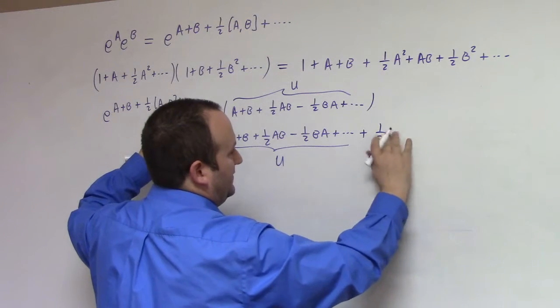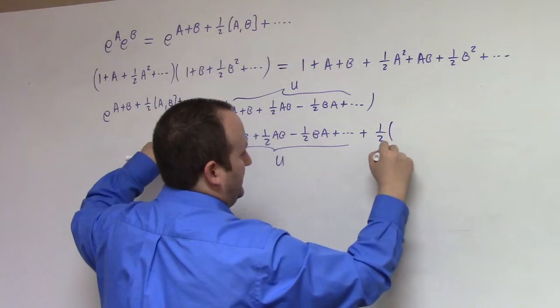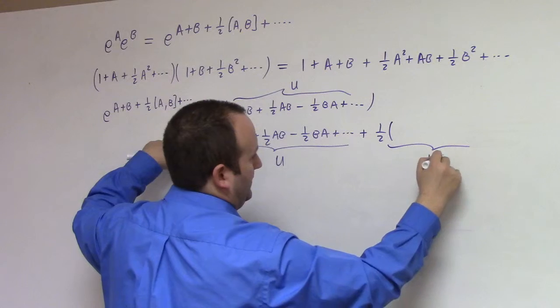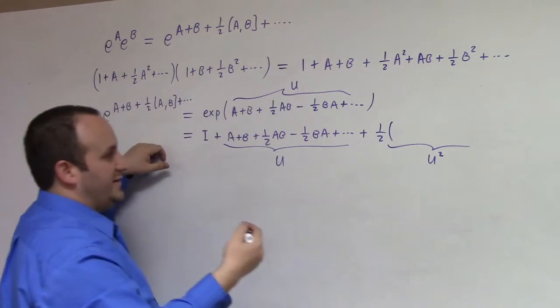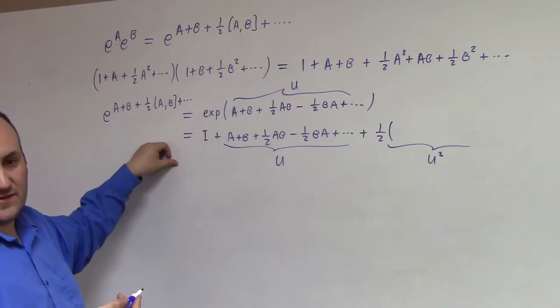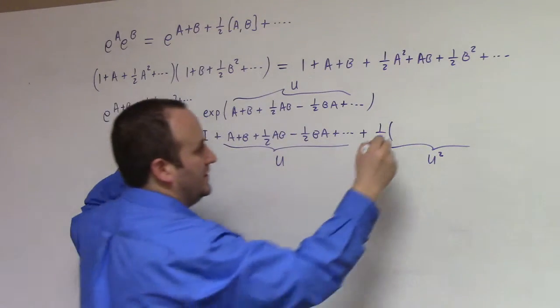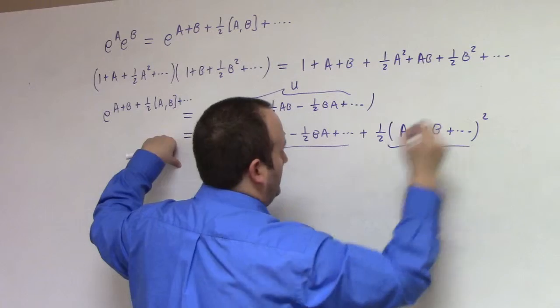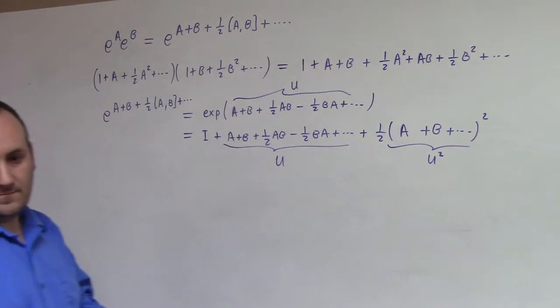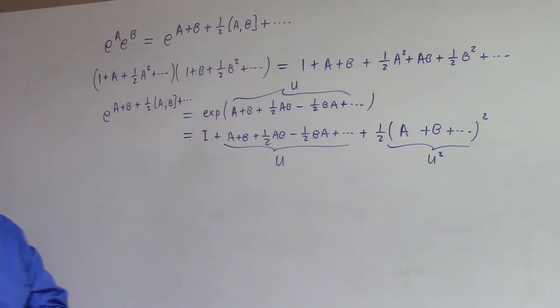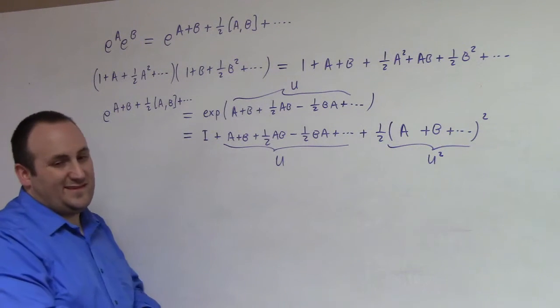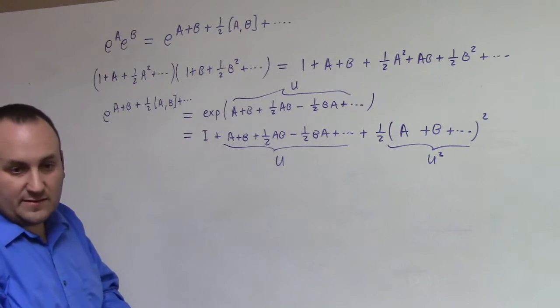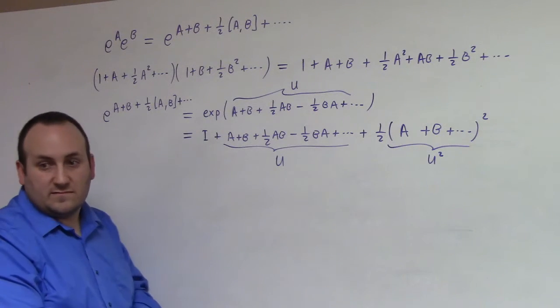But be smart. You don't have to write down everything. You just have to write down the stuff that could possibly lead to second order. So you got A plus B. Even the AB term produces at least cubic terms when you square that. The third order piece has third order data because there's no constant.